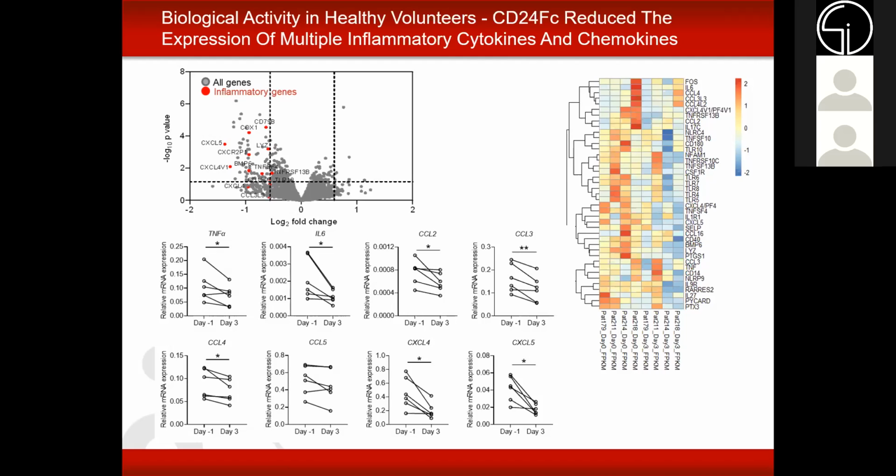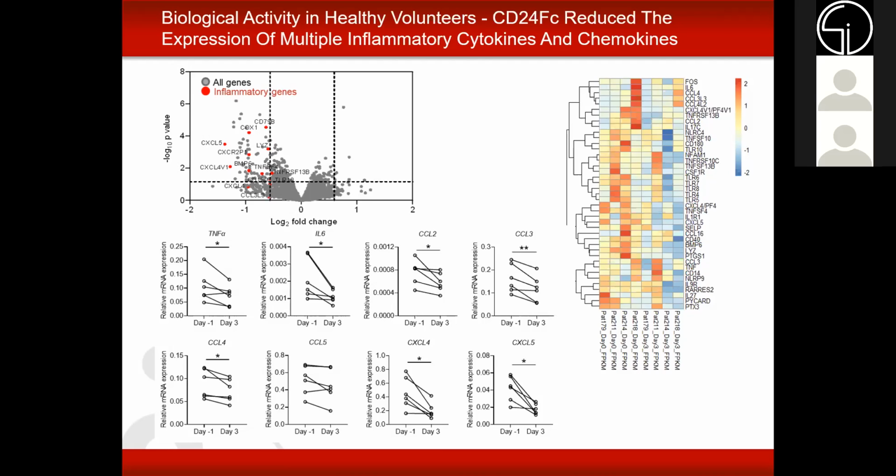So the first 4 is really a lot of red, orange, and yellow. But then when you come to the right part 4, there's a lot of blue. There's a lot of downregulation, decrease.